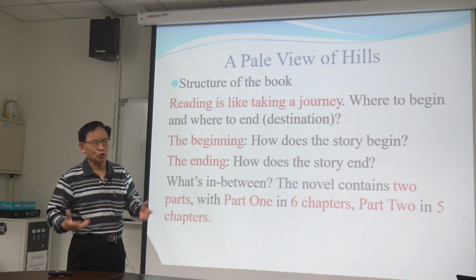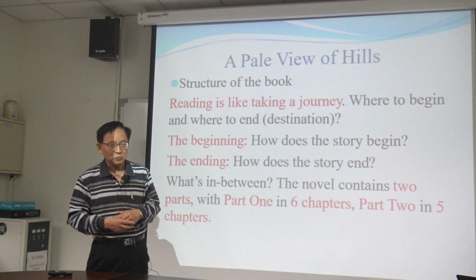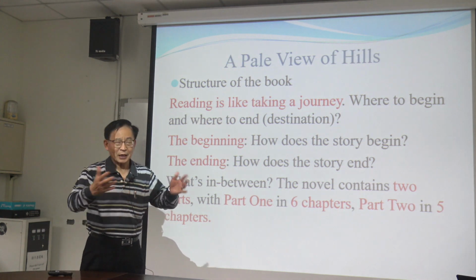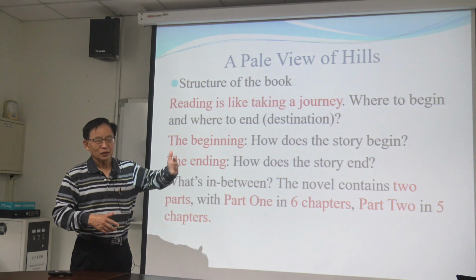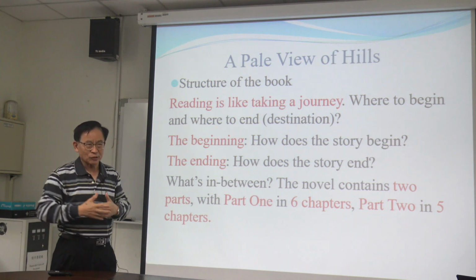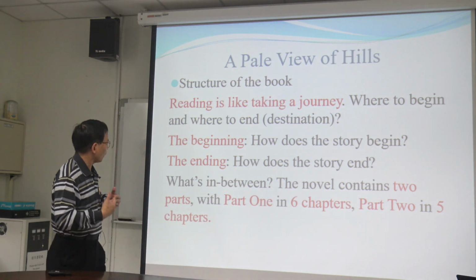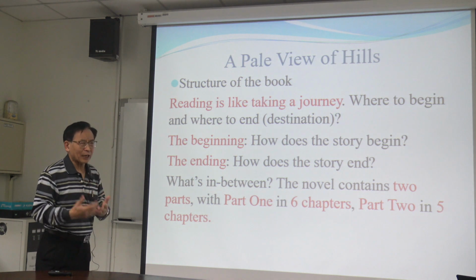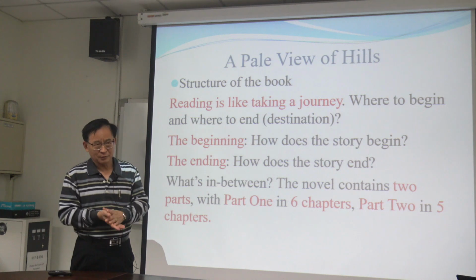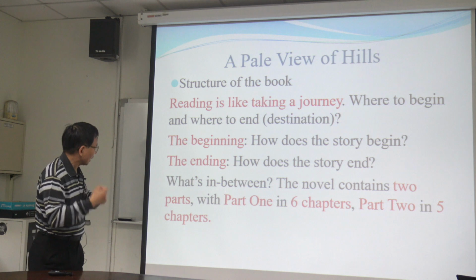For example, if you want to travel from Taichung to Taipei, Taichung is your starting point, your beginning, and Taipei is your ending, your destination. Reading is more or less like taking a journey. So where to begin and where to end are 2 important points when we approach a novel.